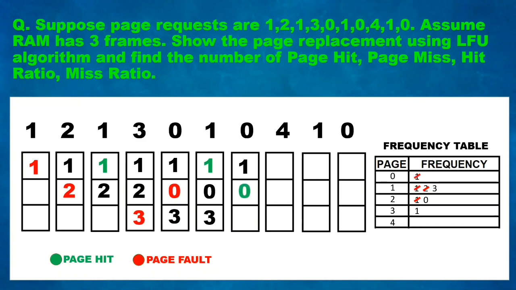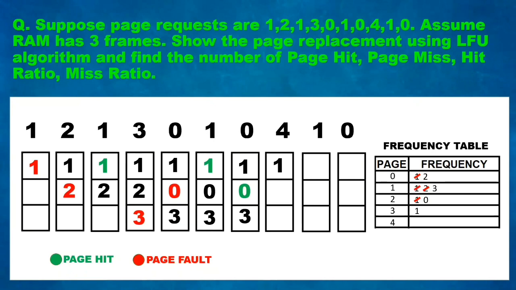So now the frequency of page 0 is 2 because page 0 is requested 2 times. Now the page request is 4 and 4 is not present inside the RAM, so it's obviously a page fault.